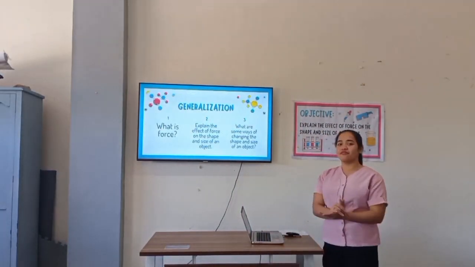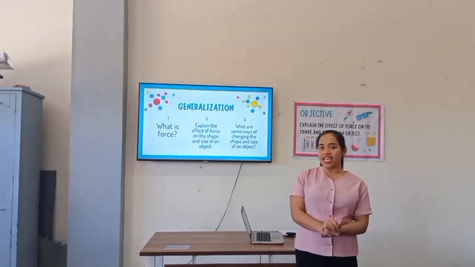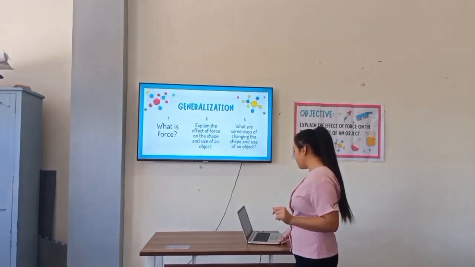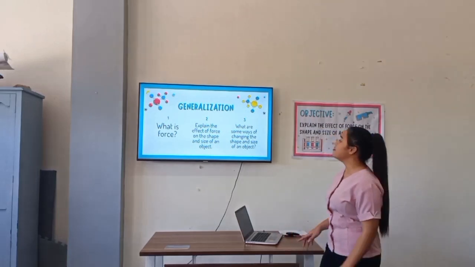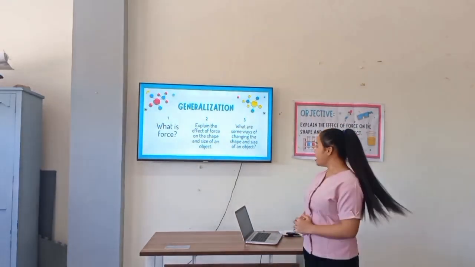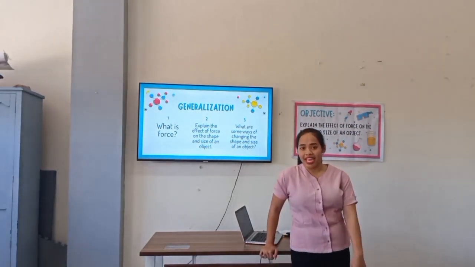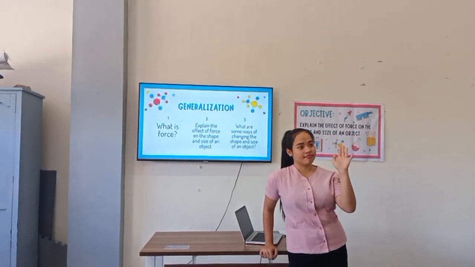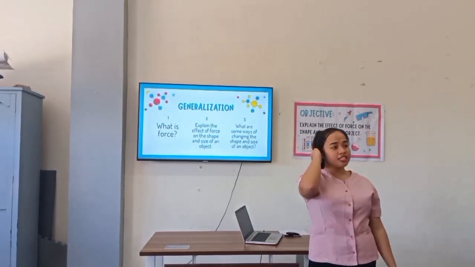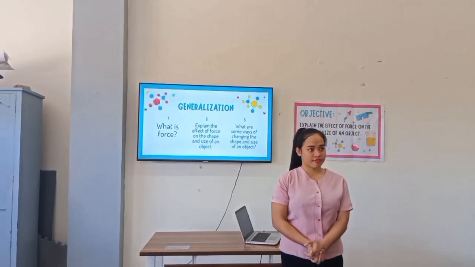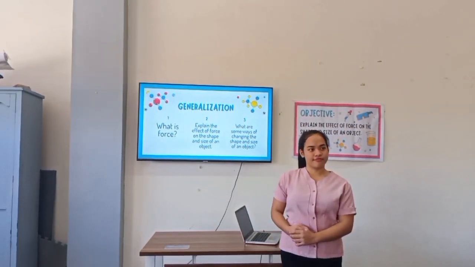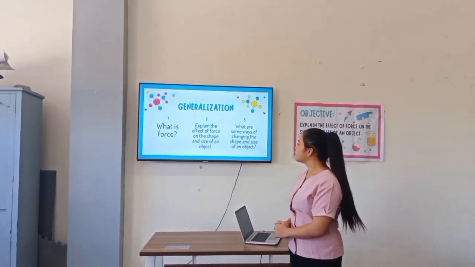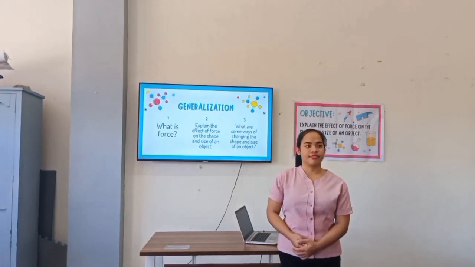Now, since you have understood our lesson for today, I have some questions here. Explain the effect of force on the shape and size of an object. Any volunteer? Yes, Rose? Using force on an object makes it change its shape and size.